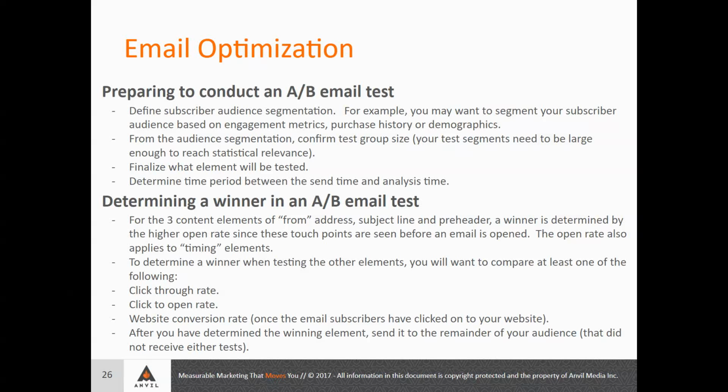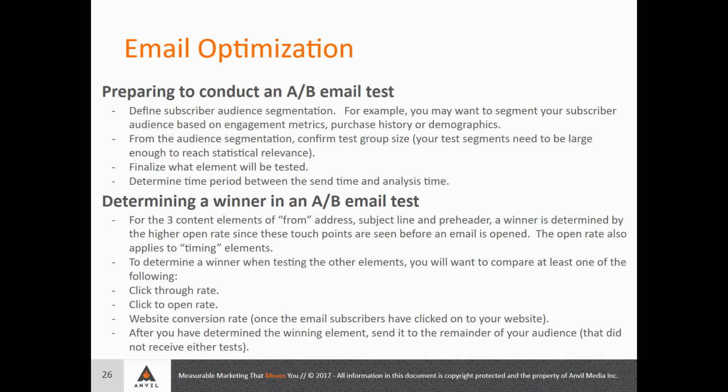And then when you're determining the winner in an A/B email test, for the three content elements of from address, subject line, and pre-header, a winner is determined by the higher open rate, as these touch points are seen before an email is opened. The open rate also applies to timing elements.